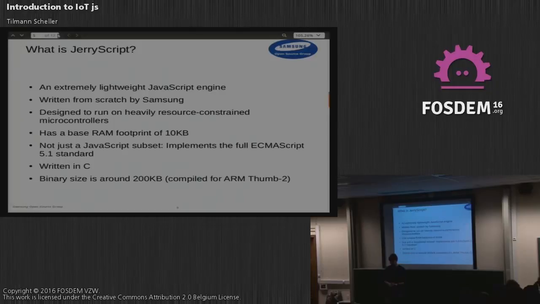And the other important thing to note here is that it doesn't just implement some JavaScript subset, but rather it really implements the full ECMAScript 5.1 standard. It is written in C, and currently the binary size is around 200 kilobytes if you compile it for Thumb2.